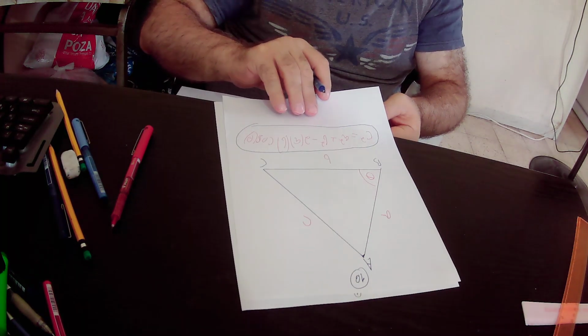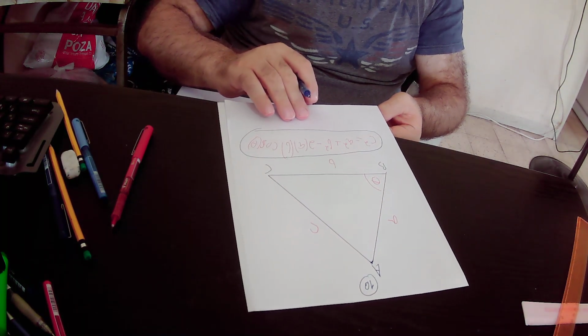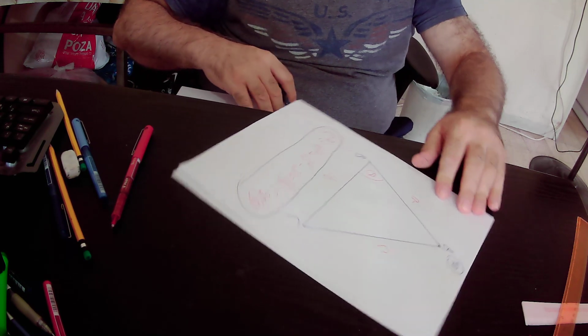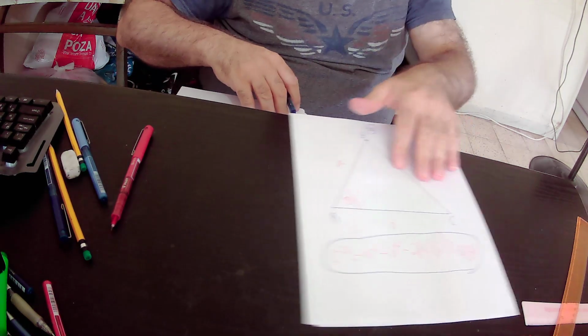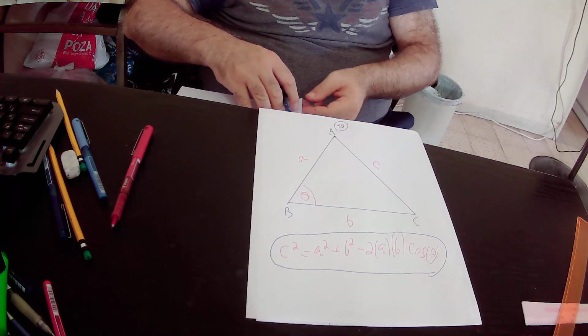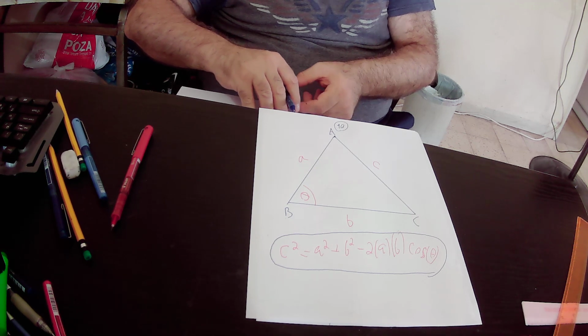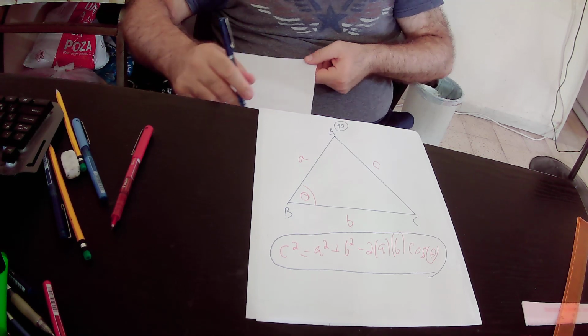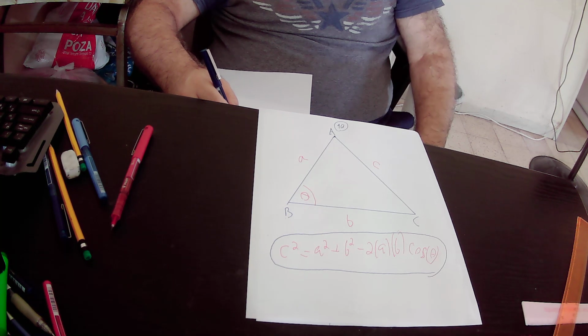So here we can write that actually we can draw the triangle ABC again. We will draw our triangle ABC again.